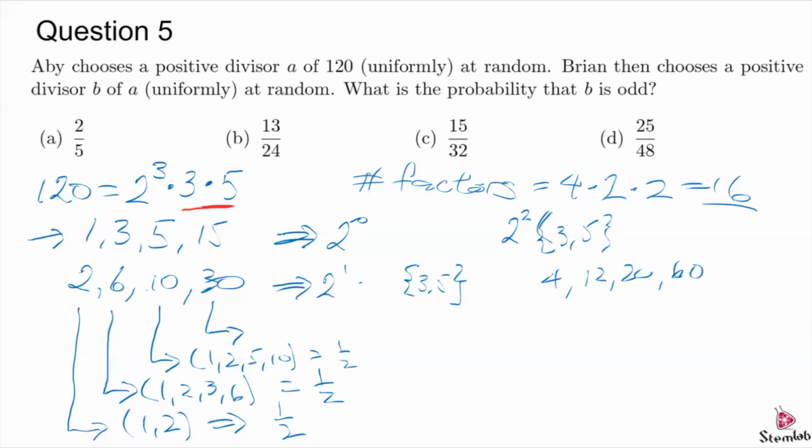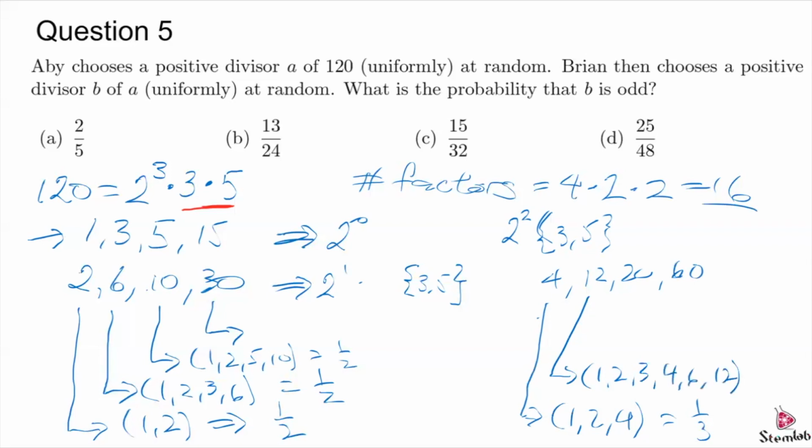Let's look at 4. 4 has factors 1, 2, and 4. There's a 1/3 chance for Brian to choose an odd factor. Similarly, we can look at 12. That's 1, 2, 3, 4, 6, and 12. Again, there's 1/3. I'll leave it to you to show that 20 and 60 are also 1/3.